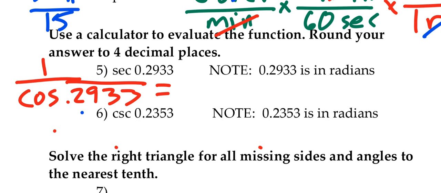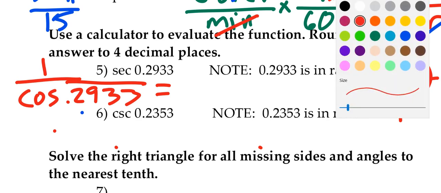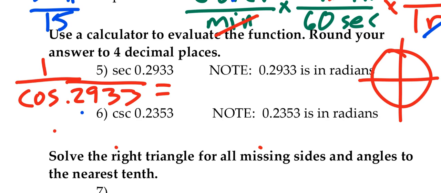If so, 0.2933 radians, where is that on the circle? Well, then that means we don't understand what a radian is. Okay? Do you know where pi radians is at?